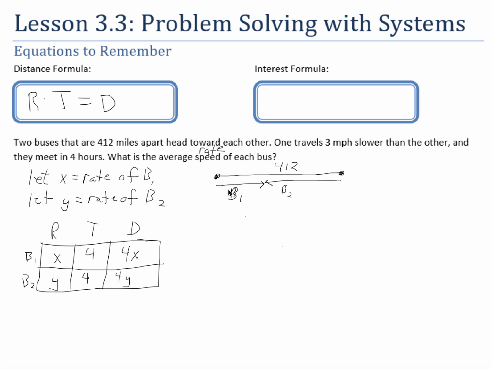Now, I purposely did not make them the same length. If they were traveling the same speed and traveled for the same amount of time, this would be nice and easy because they would meet right in the middle. But one's traveling slower, and they're traveling the same time, so one's not going to go as far. And so that's kind of the difficulty here and why we have to set it up this way.